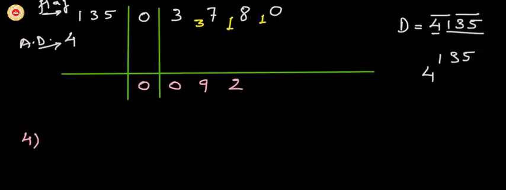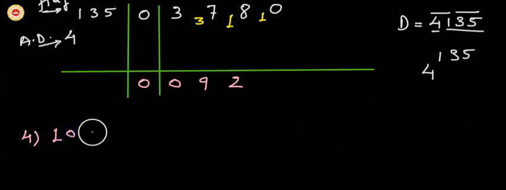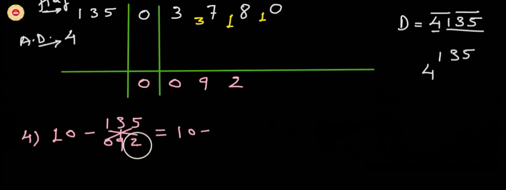What is the fourth step? Let us use gross dividend 10 to calculate the net dividend. Subtract the cross product of 3 flag digits 1, 3 and 5 and the last 3 quotient digits 0, 9 and 2. Calculate the cross product and subtract from 10. 10 minus 2 ones are 2 plus this is 0, 0, 5, 0 plus 9 3s are 27.